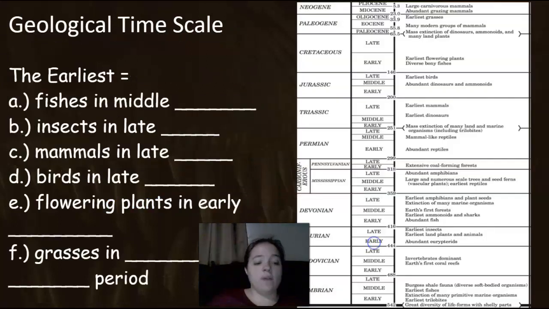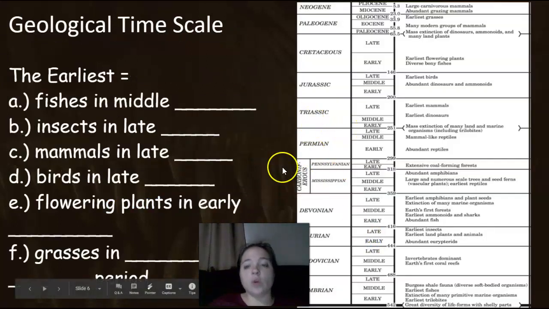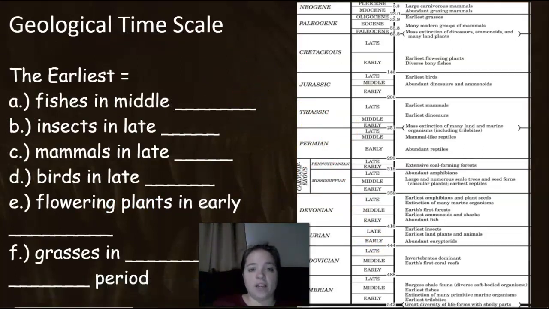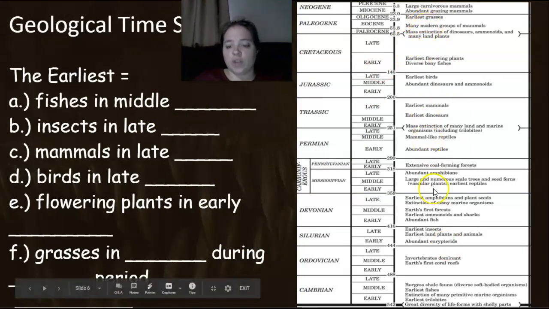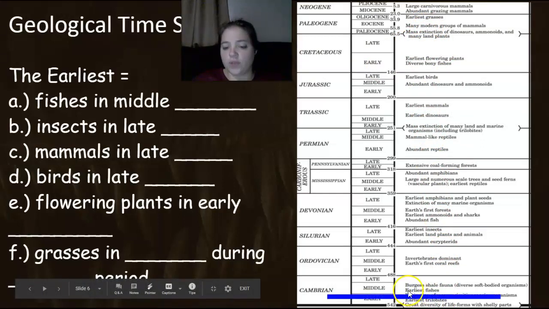Using your reference table is a very big thing. Now we're going to actually utilize the reference table in finding certain things. So the earliest fish: I'm looking on here and right down here, earliest fish come in the middle Cambrian.